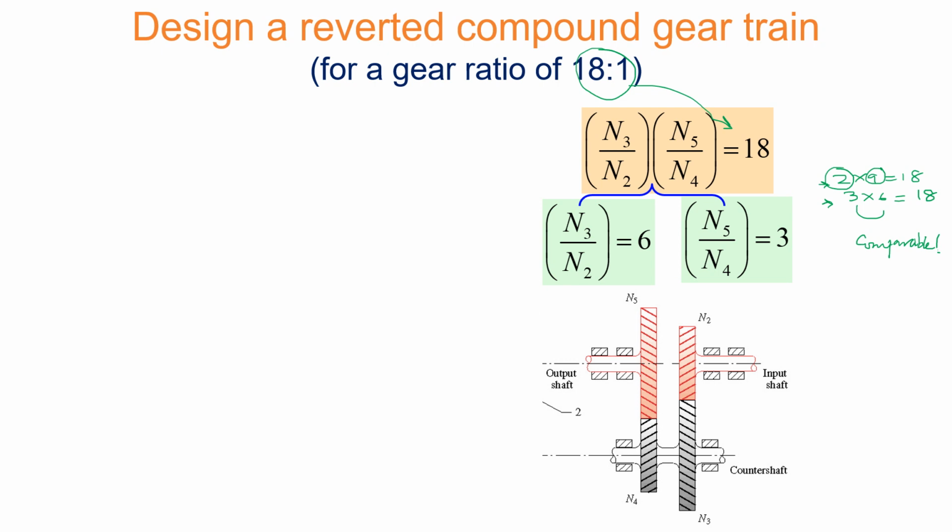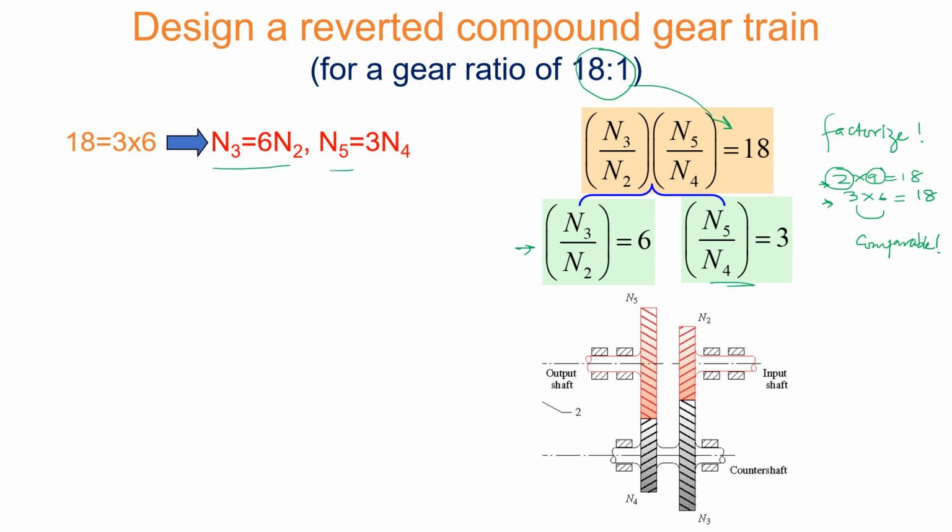Obviously, this is because of the factorization that you have previously observed. So N3 is going to be equal to 6 times N2 because of this expression, and N5 is going to be equal to 3 times N4.